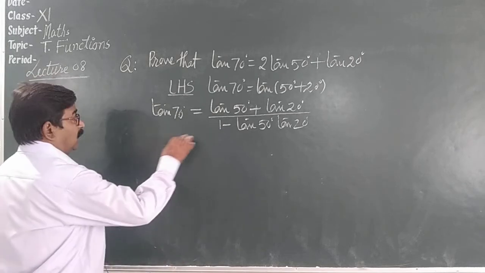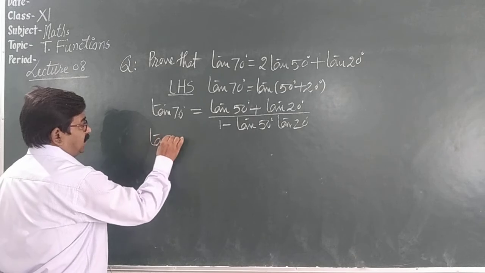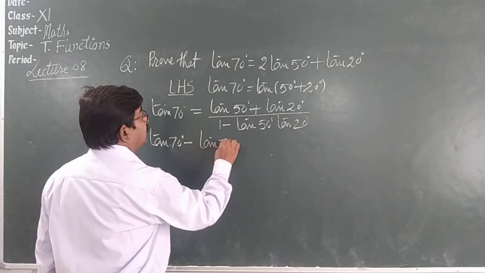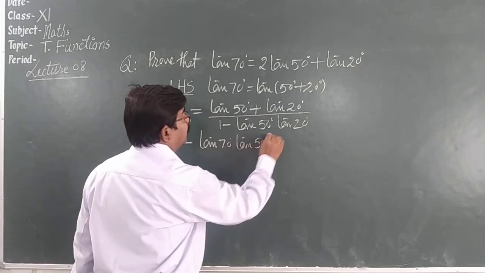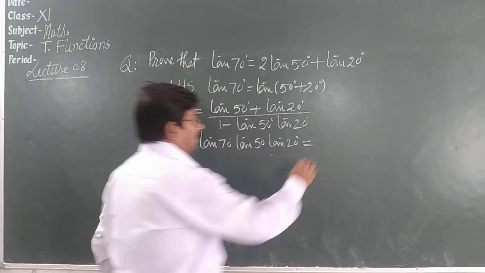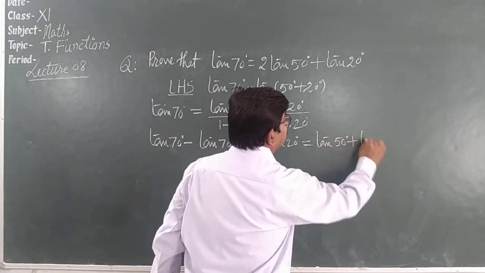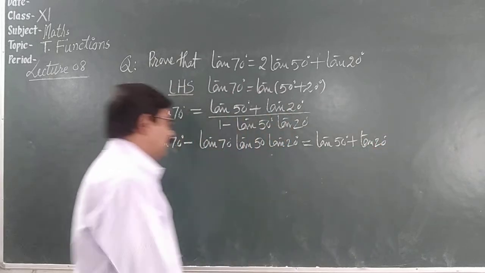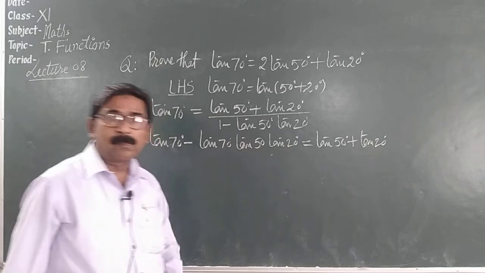I am writing this side: tan 70 degree minus tan 70 degree tan 50 degree tan 20 degree is equal to this side, we have tan 50 degree plus tan 20 degree. See, this 70 and 20 are complementary angles.